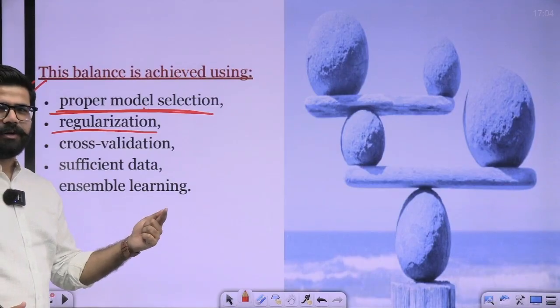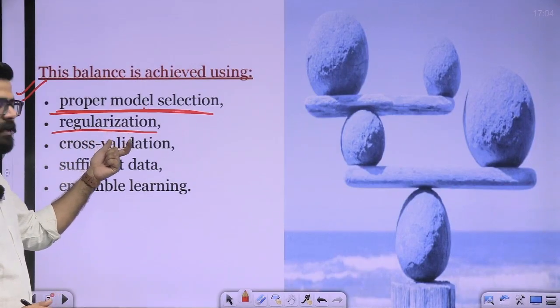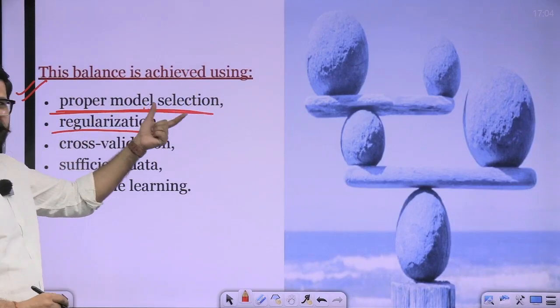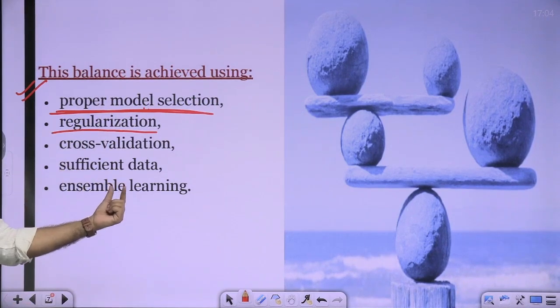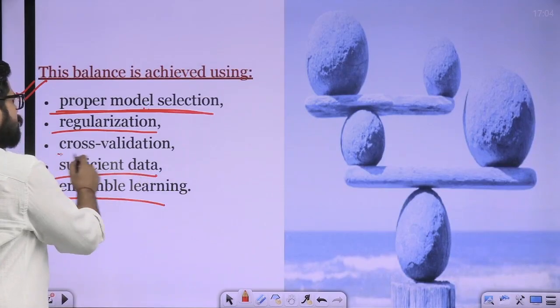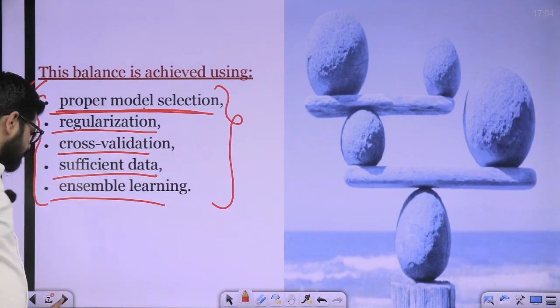Again, you can see that video if you have not studied it. So, first, proper model selection. Second, regularization. Third is cross validation. Then sufficient data and ensemble learning. These are the few ways through which you can balance your model.